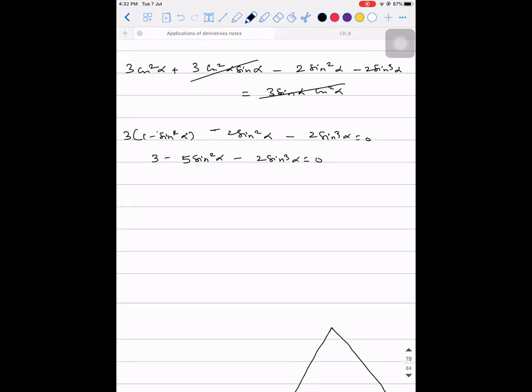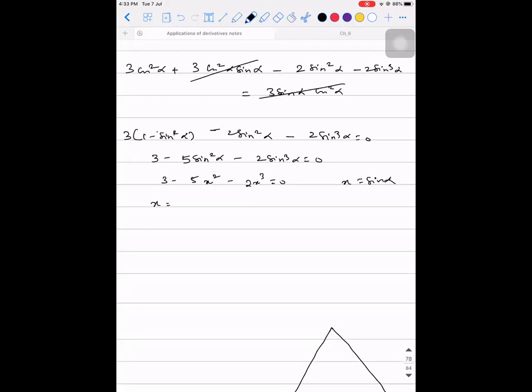So what is the value of alpha that you can choose? So if I take this as 3 minus 5x square minus 2x cube equal to 0, where x is equal to sine alpha, then what is the value of x at the starting time?